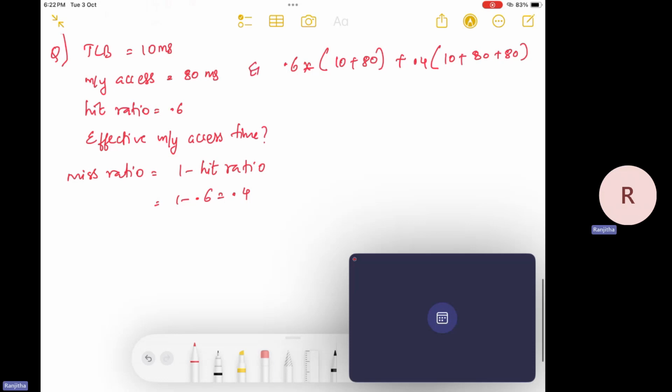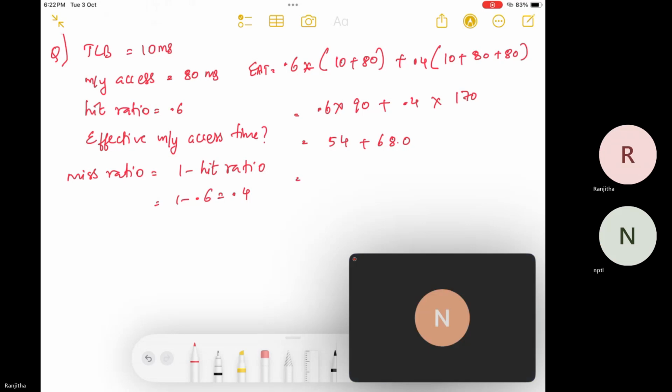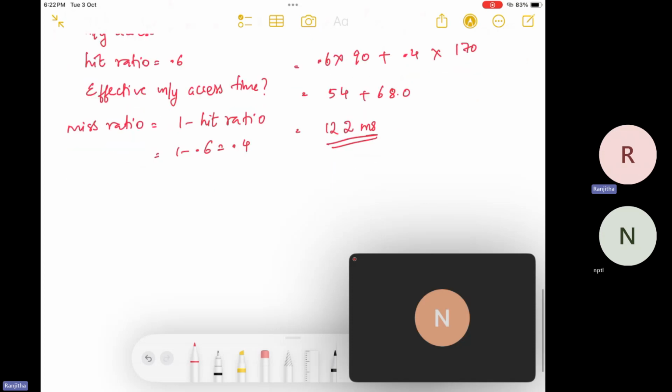So effective access time is 0.6 into 90 plus 0.4 into 170, which is 54 plus 68, which is 122 milliseconds. Okay, so this is one question.